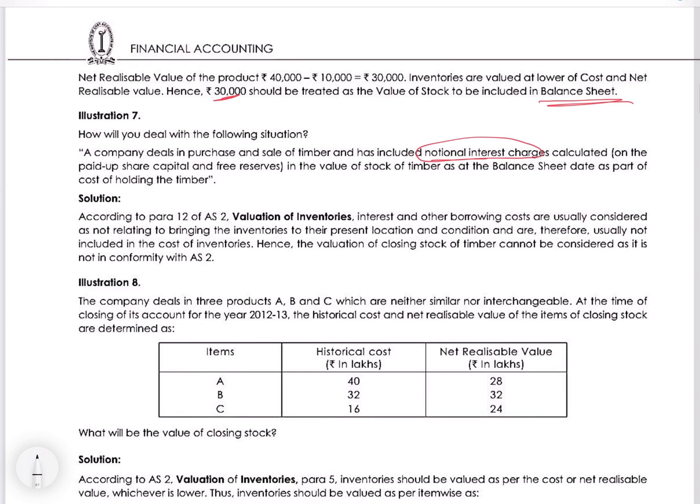This is nowhere included in that. Plus, interest is separately there in the list of exclusions. So this can't be included, and the value of closing stock derived is not according to AS 2. Like this, we have to give the solution. You can read here the solution which they have written. You may get an idea how to present your answer.